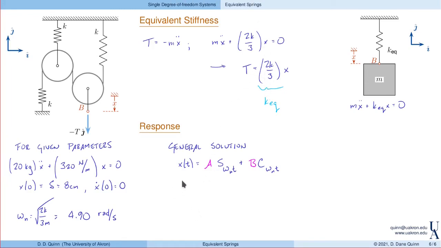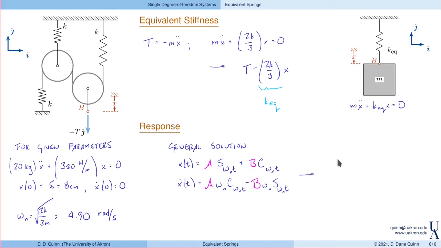In addition, we can take the derivative of this and find that x dot is equal to A, again that arbitrary constant, omega n cosine omega nt minus B omega n sine omega nt. Essentially, I just take the solution and take the derivative.